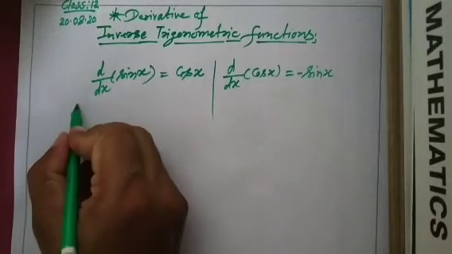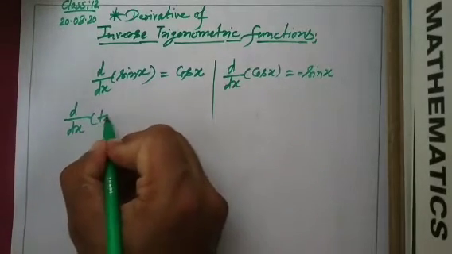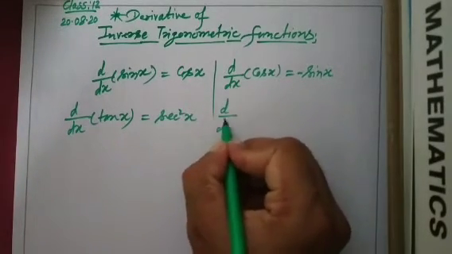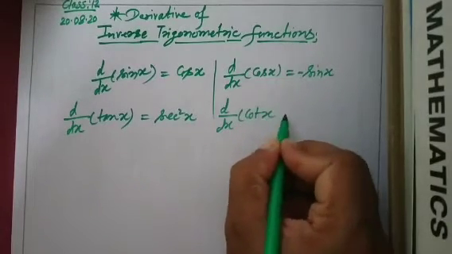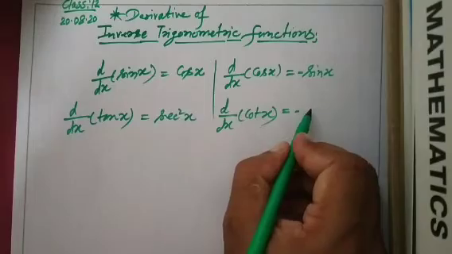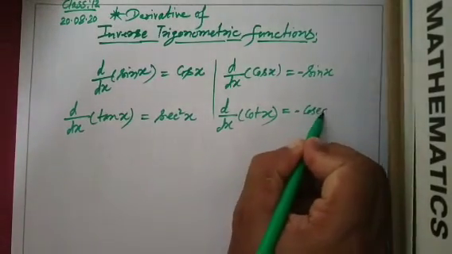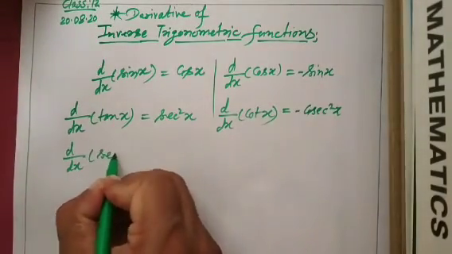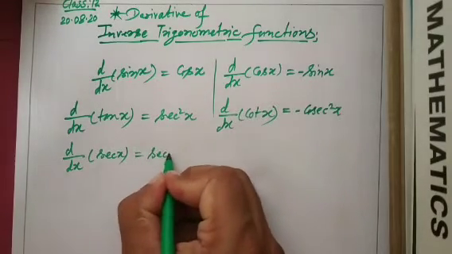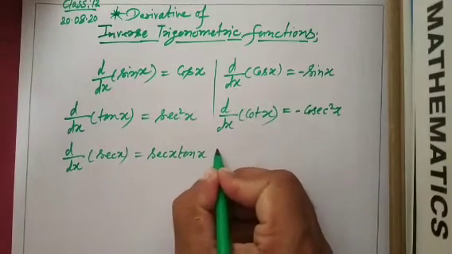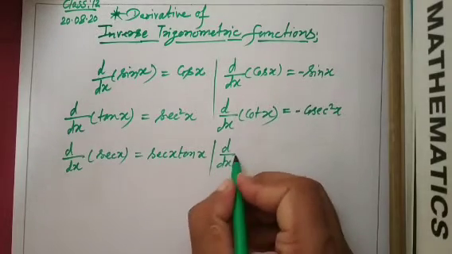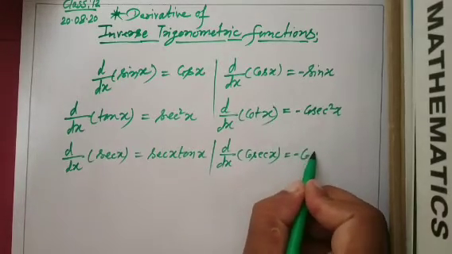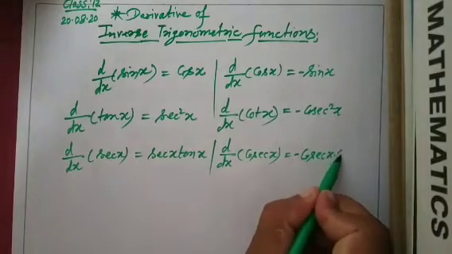Similarly, d by dx of tan x is sec square x, d by dx of cot x is minus cosec square x, then d by dx of sec x is sec x tan x, and d by dx of cosec x is minus cosec x cot x.